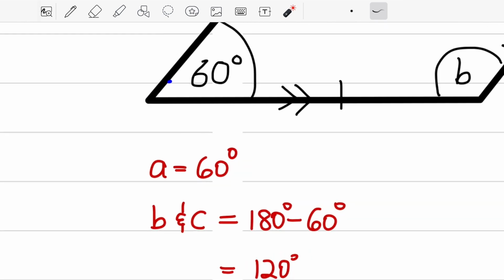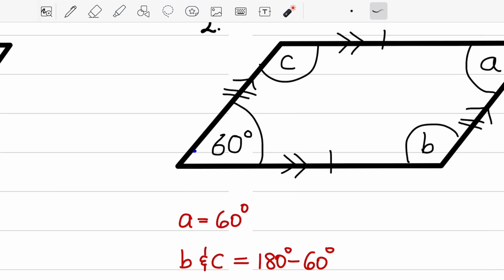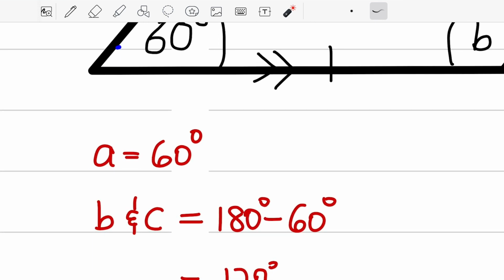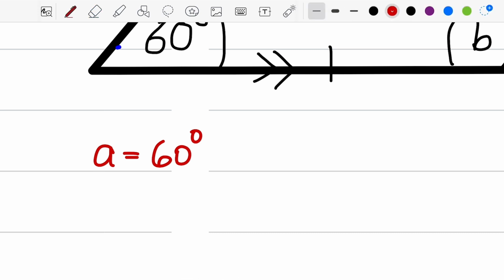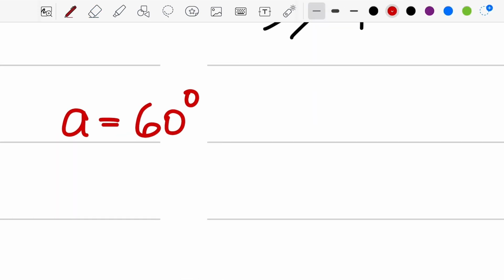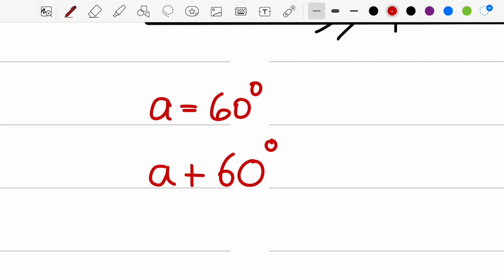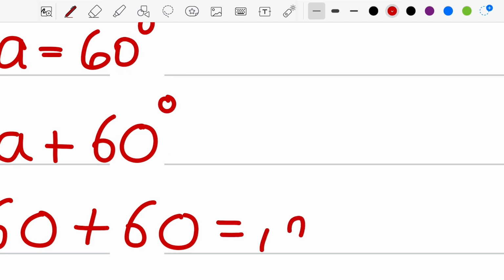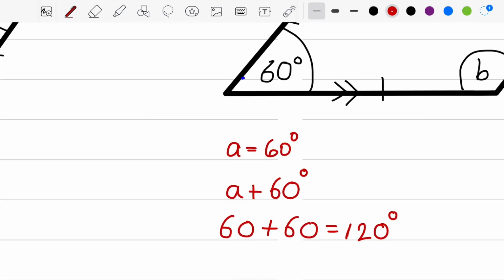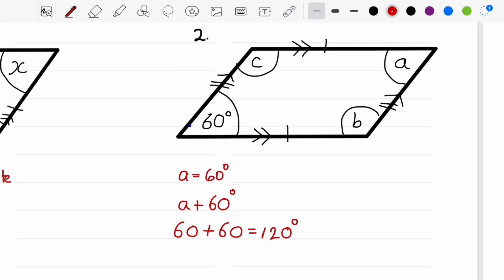No, let's do this over. So we know that A plus 60 degrees would be 60 plus 60, which is equal to 120 degrees. Right? And then the remaining angles B and C.